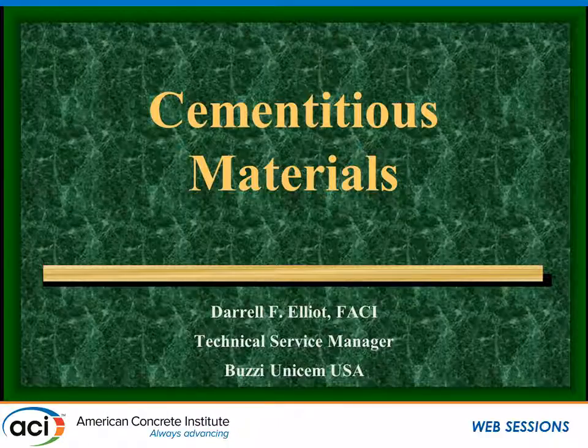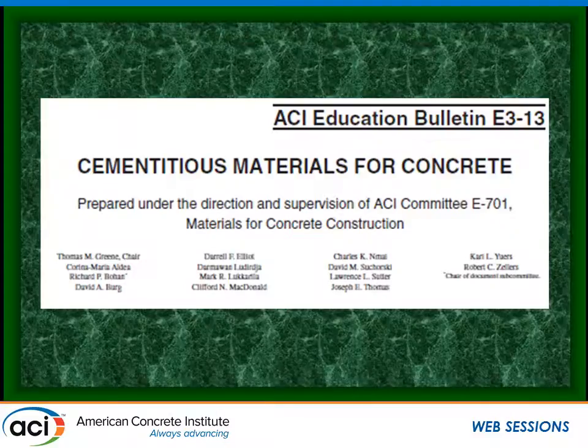Of the four documents, one is our cementitious materials, and we're going to go through some of what we cover in this document. As Dave mentioned earlier, we are intentionally not overly technical in these documents. It's meant to be something where you can get some general information and understanding of the materials without getting into the heavy-duty chemistry and process science that we do cover in the technical committee documents.